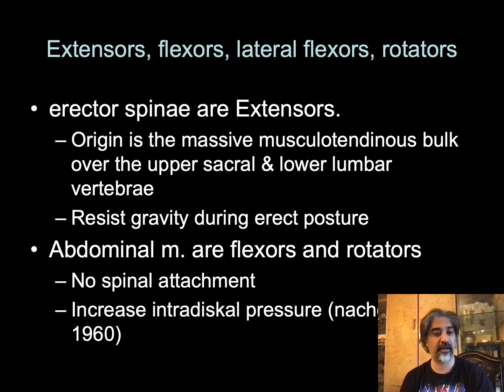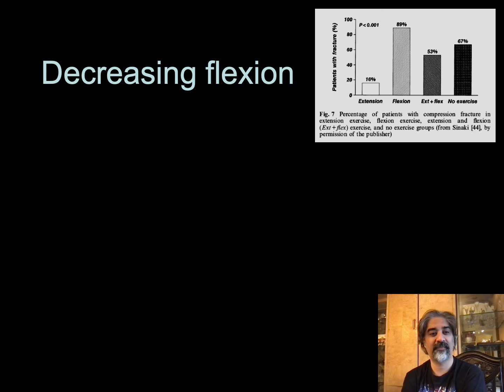They don't have any spinal attachment, but they do also, some of them, especially the transversus abdominis, will attach back there to promote extension. And when they are firing, the abdominals will increase intradiscal pressure substantially. There's actually a lot to talk about in this slide. We want to decrease flexion and promote extension.